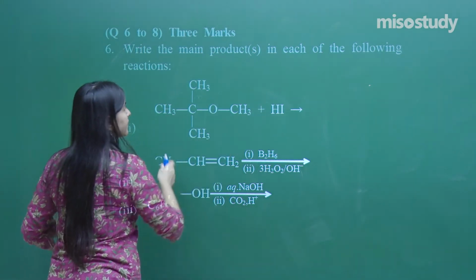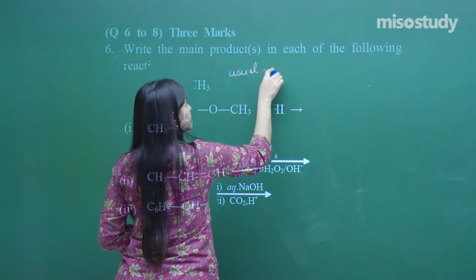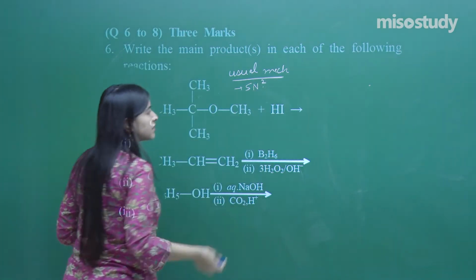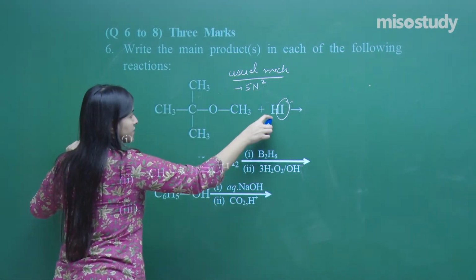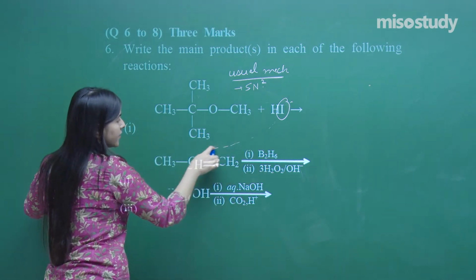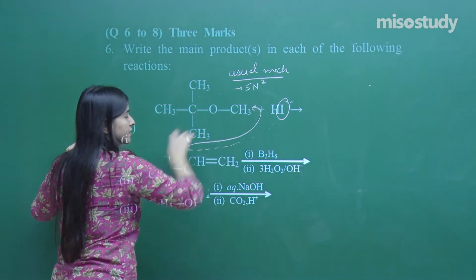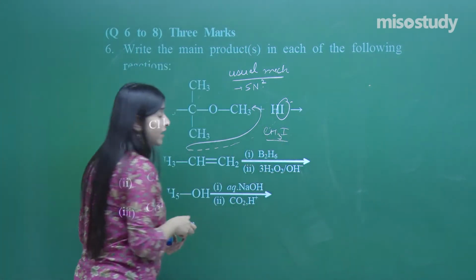But see here, the usual mechanism which is followed in this reaction is SN2, right? That means the backside attack of I negative. So it will attack towards the less bulky group, towards here, and thereby the favorable product should be CH3I.